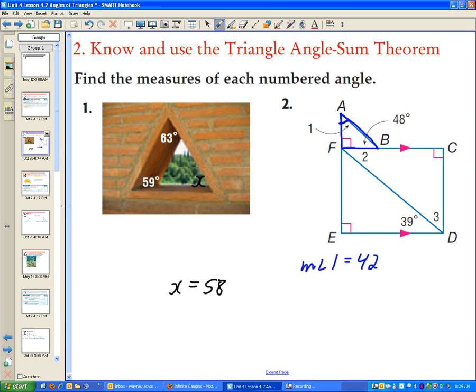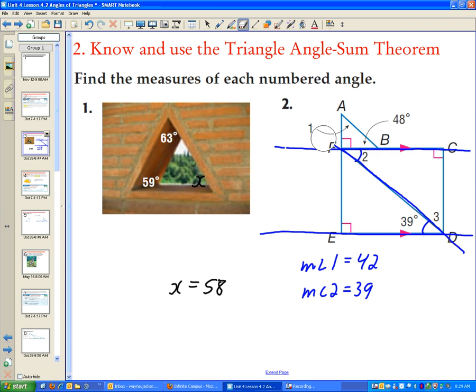Okay? Now, I think I need to get angle 2 next, because with angle 2, I can do this. I have a pair of parallel lines. Here's a transversal. So 39 degrees and angle 2 form a pair of alternate interior angles. So what's the measure of angle 2? 39. Now that I have that, let's look at this triangle right here and use the triangle angle sum theorem again.